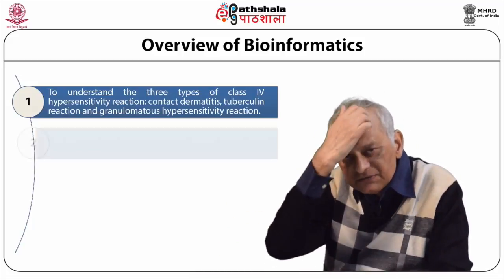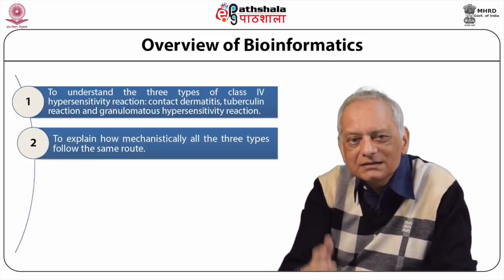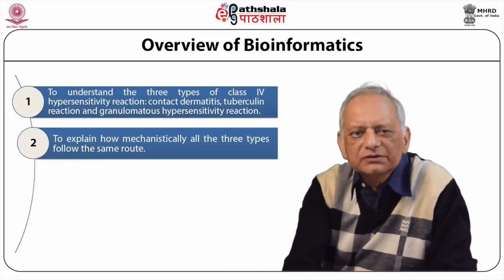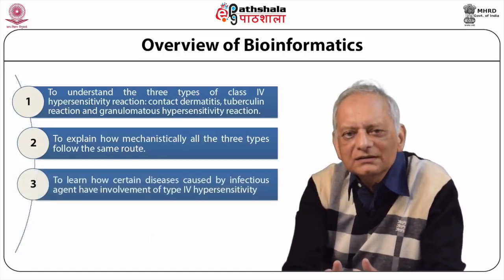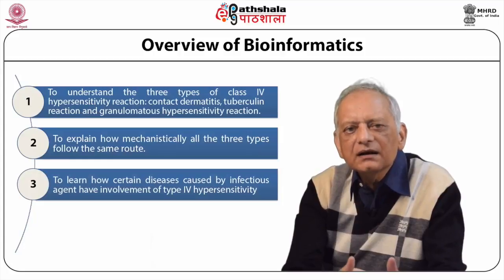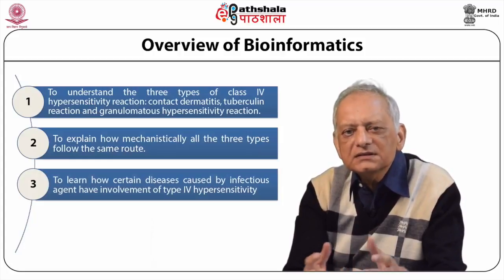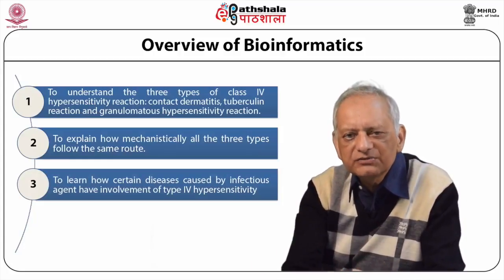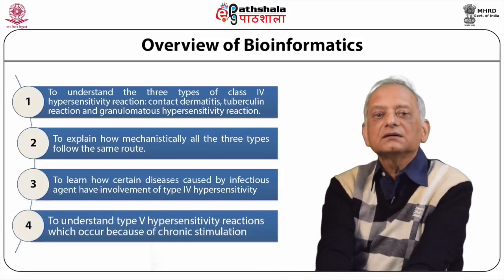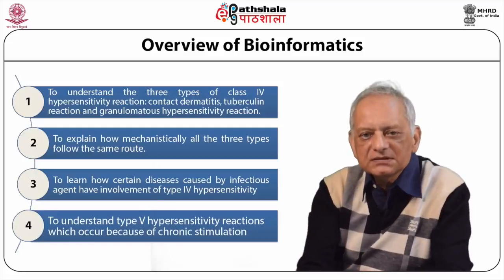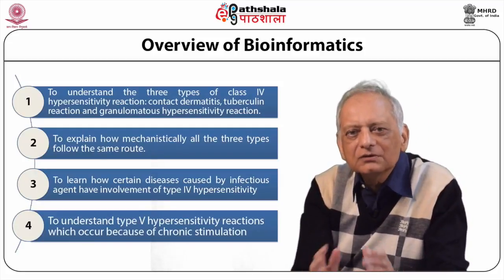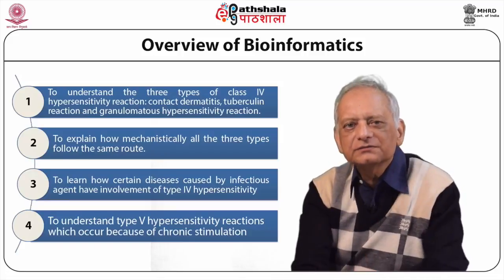The second objective is to explain how mechanistically all the three types follow the same route, and to learn how certain diseases caused by infectious agents involve this type 4 hypersensitivity. We will also understand type 5 hypersensitivity reactions which occur because of chronic stimulation.